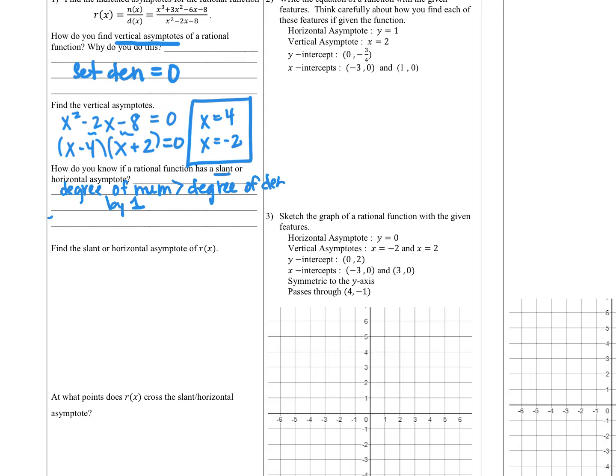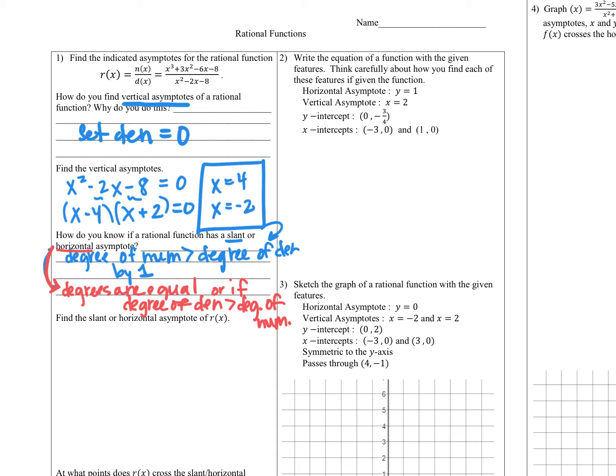It'll have a horizontal asymptote if the degrees are equal, or if the denominator is larger than the numerator. So for this particular function, it looks like we are 1 degree larger, so we're going to have a slant asymptote.